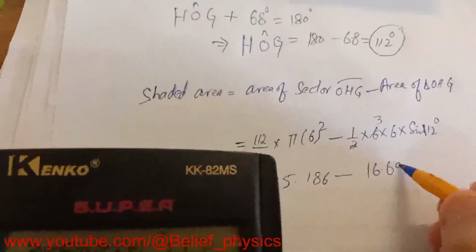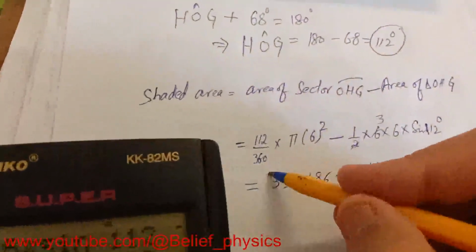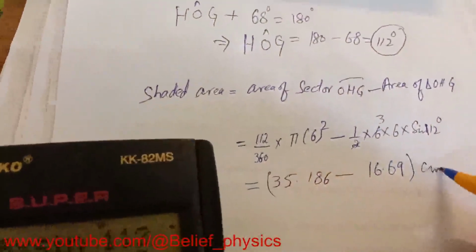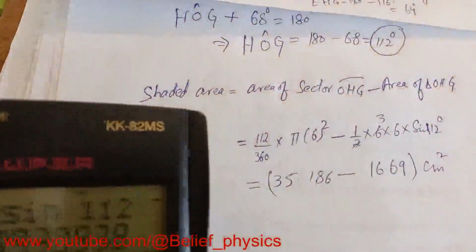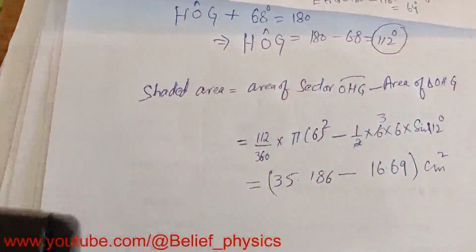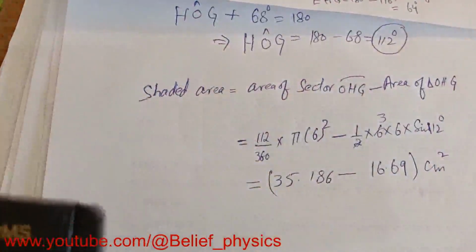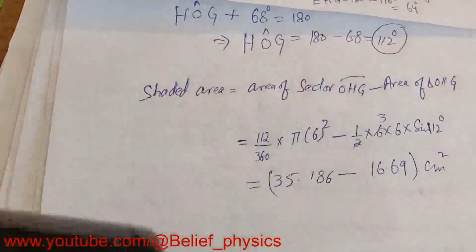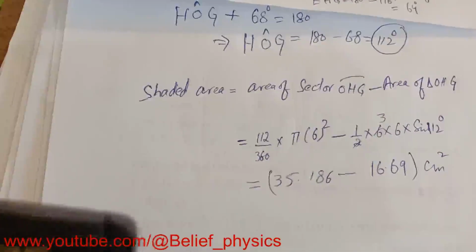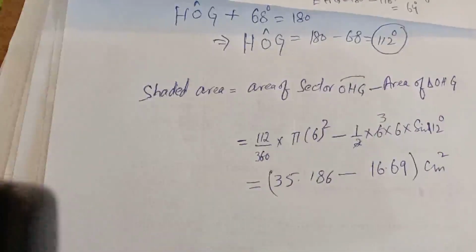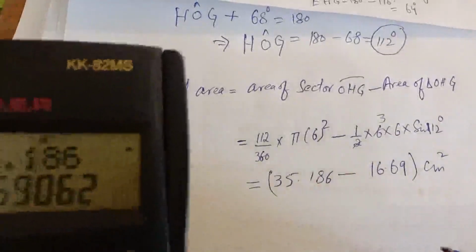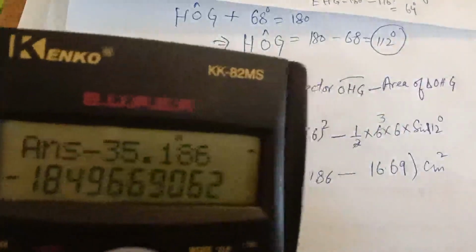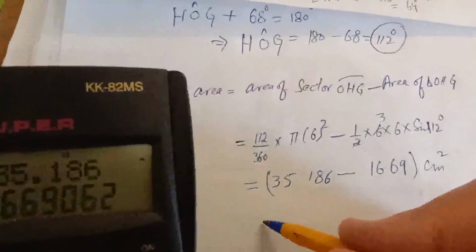We have to subtract them. So this will be equal to 35.186 minus 16.69.